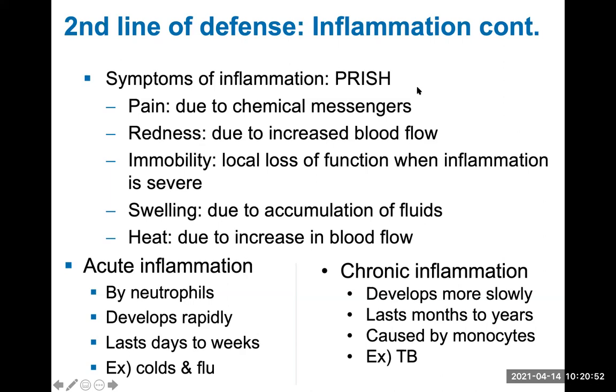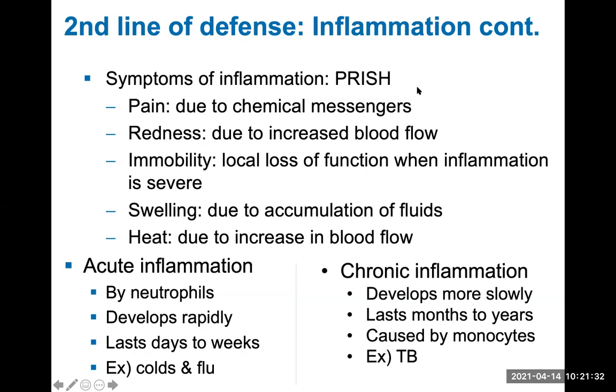If it's in the liver and your liver becomes severely inflamed, you may temporarily lose the ability to properly filter the blood, which the liver does, and the liver does a whole lot of other functions as well. You could have jaundice as a sign that the liver is not functioning. So if the inflammation is severe enough, whatever that tissue is supposed to do normally might not be able to do it while it has that severe inflammation.